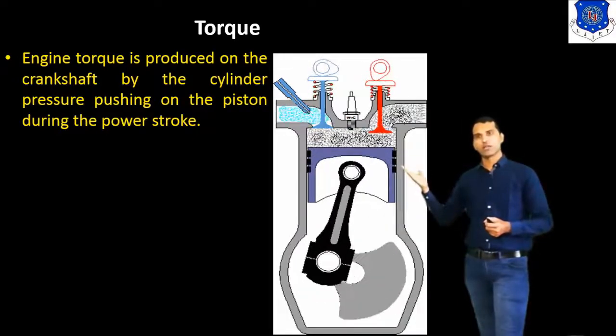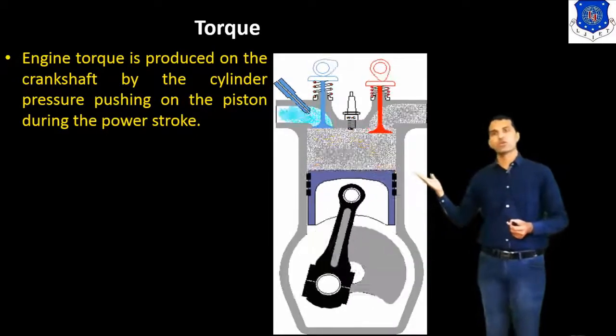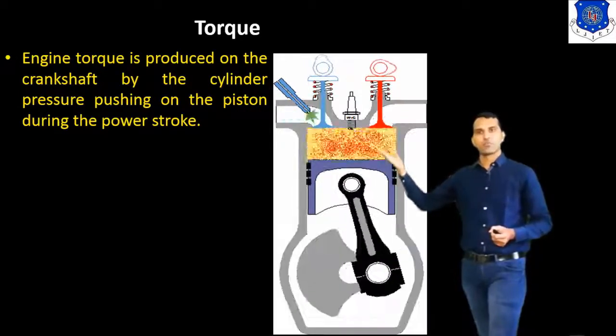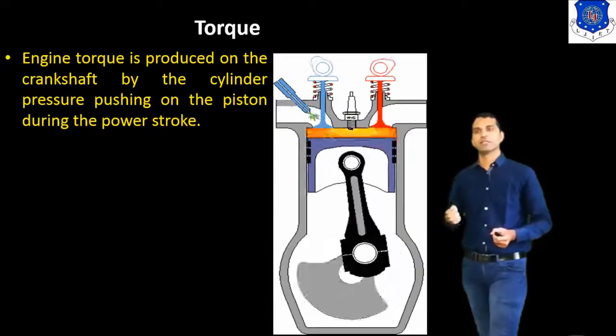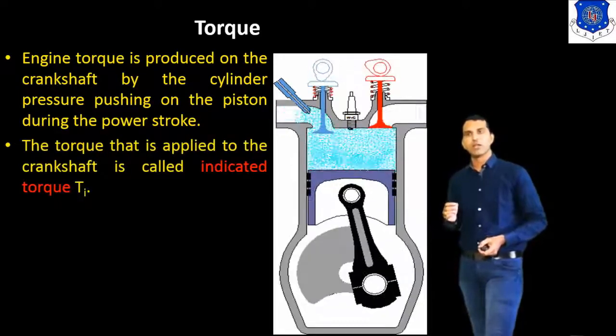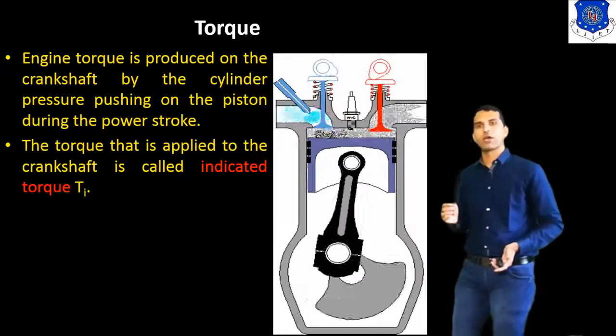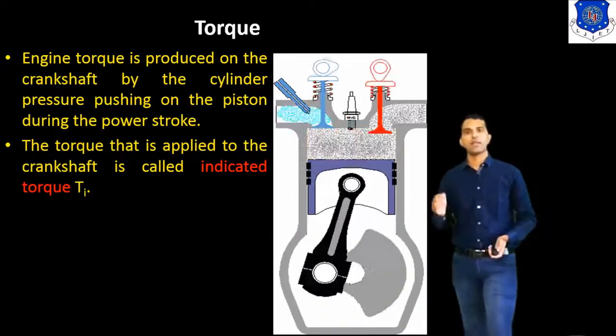So this torque is produced on the piston due to the combustion process inside this IC engine. Torque that is applied to the crankshaft is called indicated torque and it is denoted by Ti.